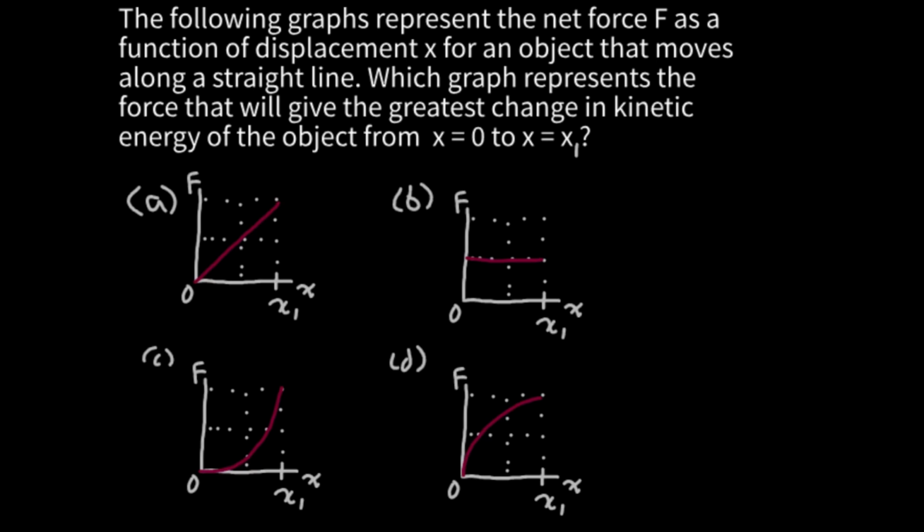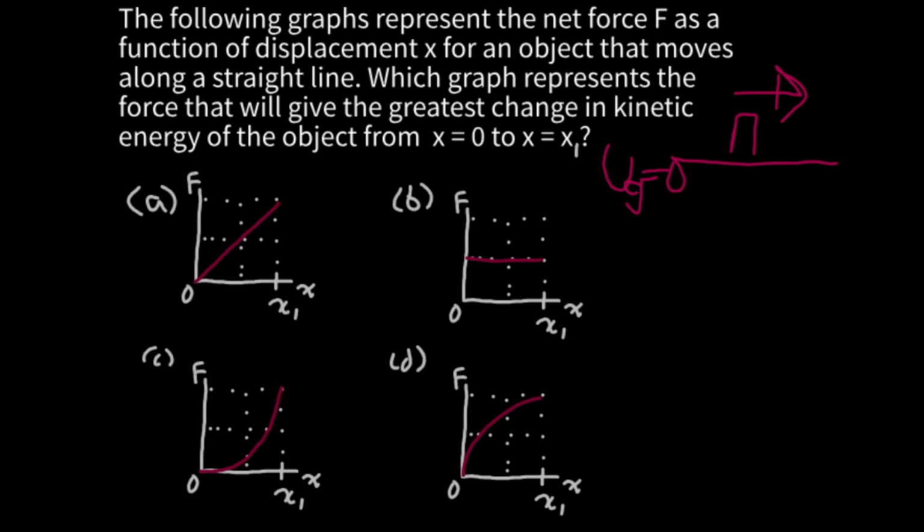Here we're given a variety of graphs that represent the net force as a function of displacement for an object moving along a straight line. We want to know which graph represents the force that will give the greatest change in kinetic energy of the object. Alright, so here we're going to call this 0 gravitational potential energy. Here you've got our object moving on a straight line, just say arbitrarily in that direction.